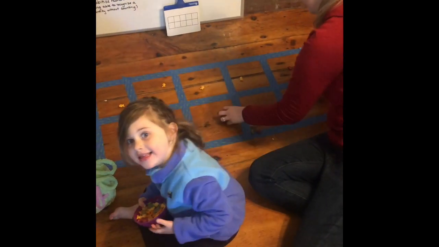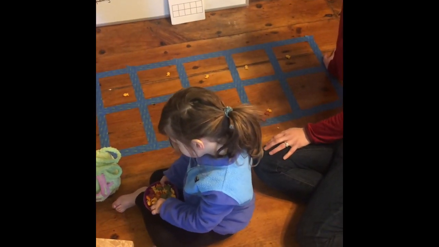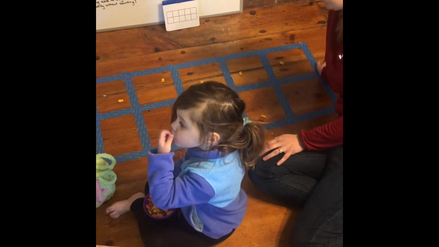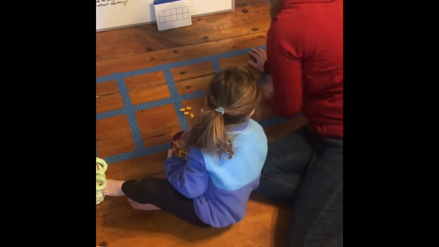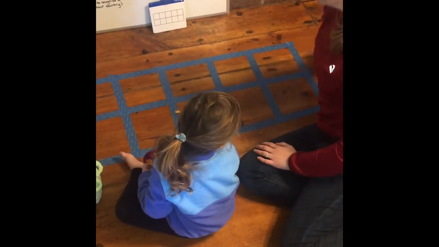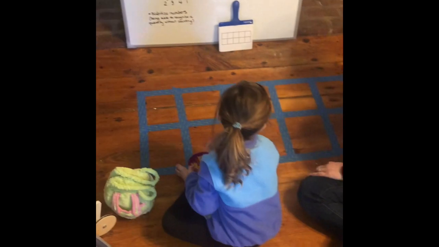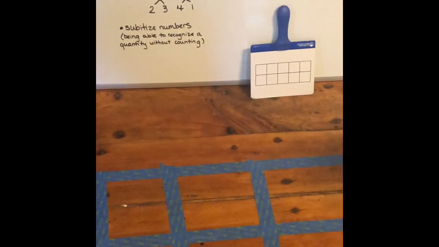We can do 0 and 5, or 5 and 0, and so forth. You can do that for all the numbers up to 10. Some people call those number bonds, like that right there. Some people call that take apart. I hope you enjoy my math tools, Olive.